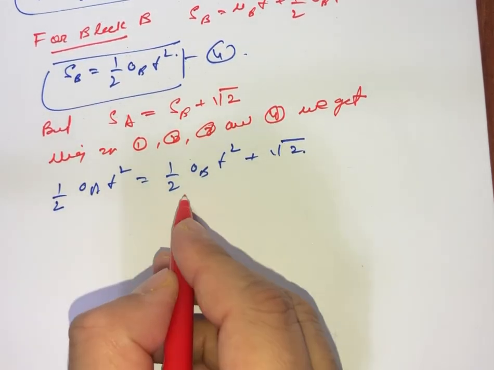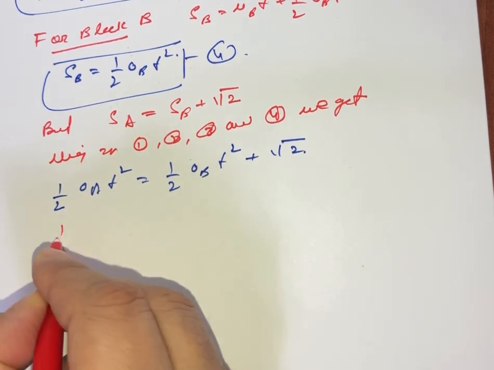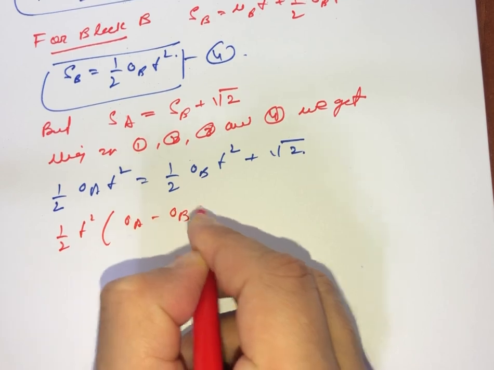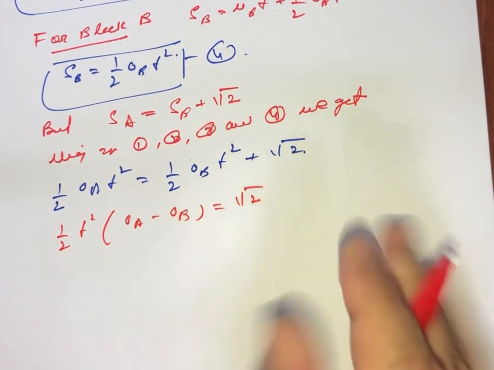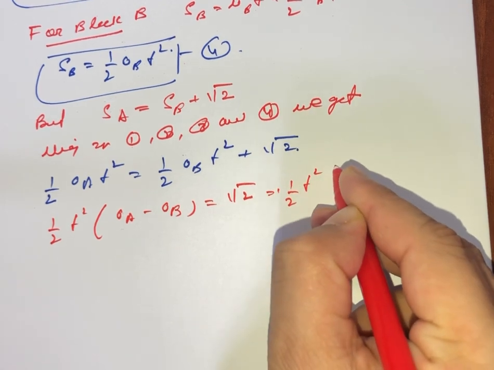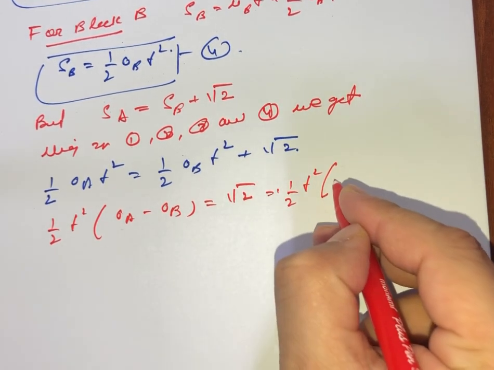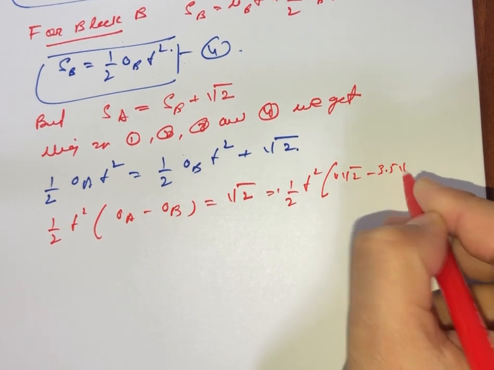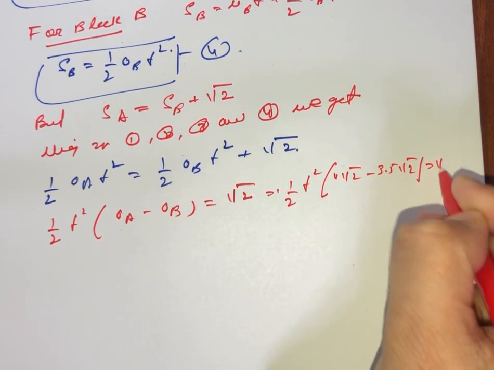From here we can take half and t square as common. We get acceleration of A minus acceleration of B, times half t square, equal to root 2. Acceleration of A is 4 root 2 and B is 3.5 root 2.